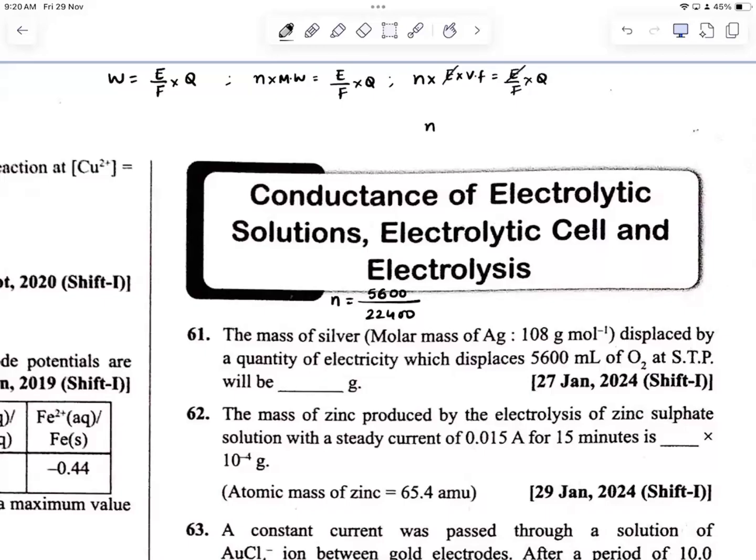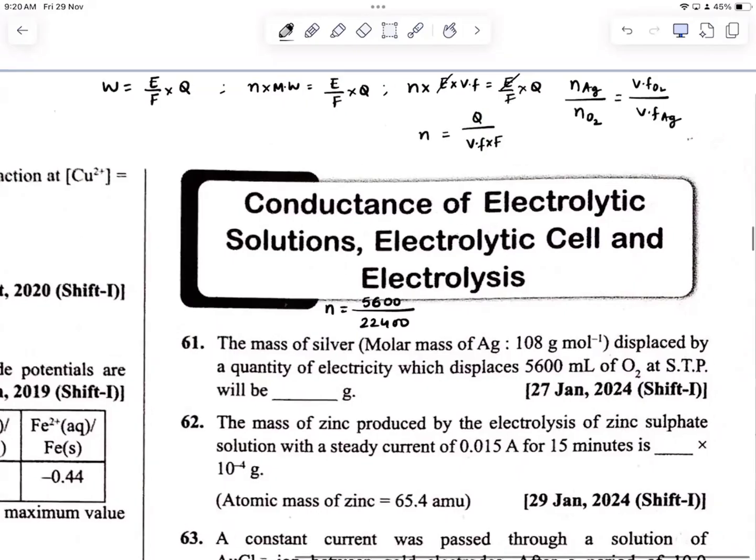Number of moles is equal to Q by valency factor into F. So have you noticed that number of moles is always inversely proportional to valency factor for the same charge? So that is why number of moles of silver by number of moles of O2 will be equal to valency factor of O2 divided by valency factor of silver. This is what you can use, correct?